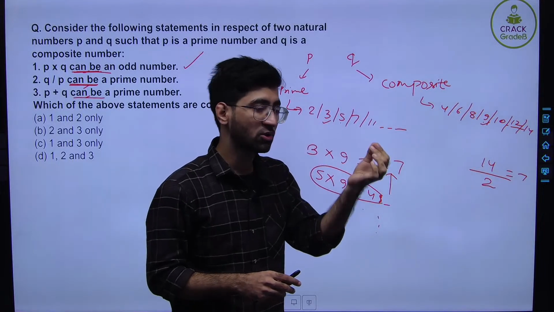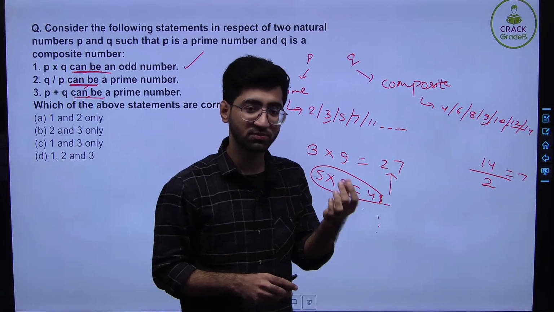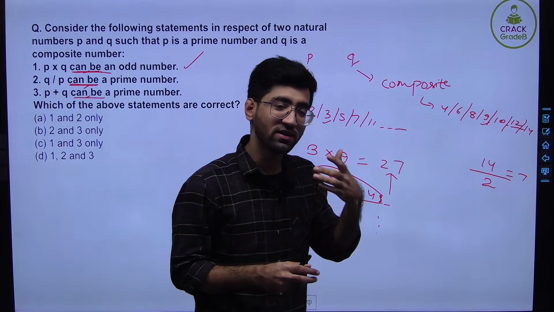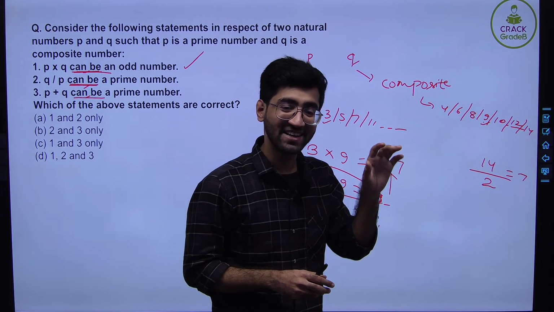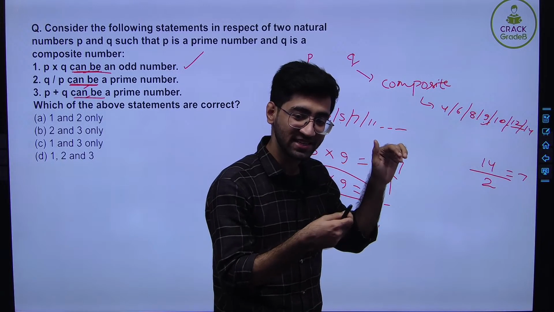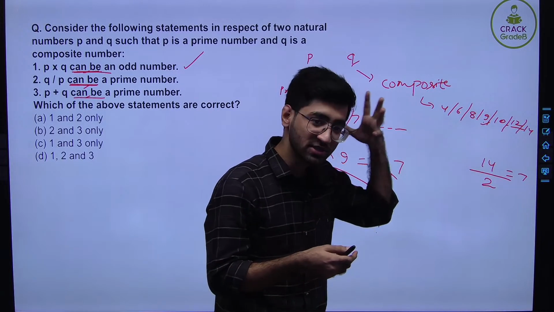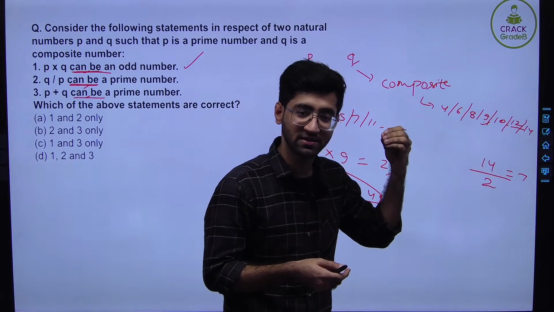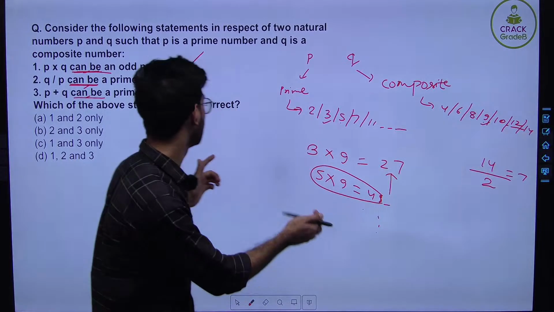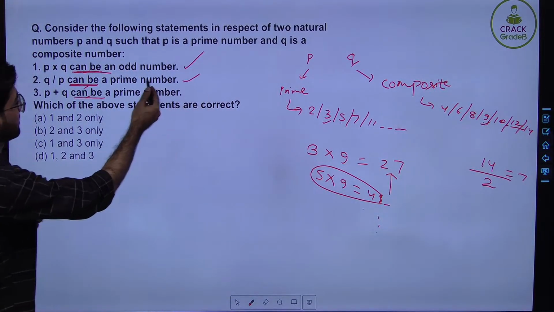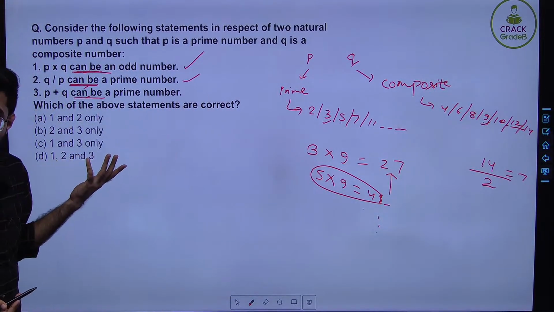Suppose you go to a shop and the shopkeeper says you have to pay 17 rupees, your mind should think that it is a prime number. Trust me, if you start applying this in your daily life, you will be able to think about these examples quickly. Are you able to get my point? So the second statement is also correct.